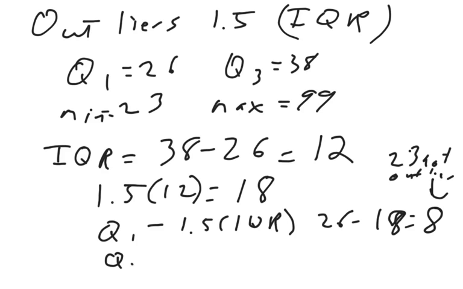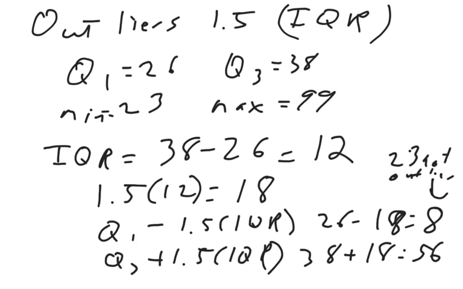If I do Q3 plus 1.5 times the IQR, I get 38 plus 18, which equals 56, that means that 99, since it is bigger and farther away, is an outlier. So outliers can be too big, or outliers can be too small. In this case, it's too big. It's possible that there will be more than one, but when we look at our data, there wasn't another number above 56 to be an outlier.